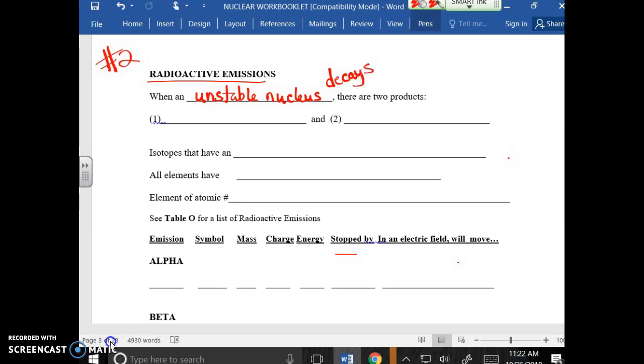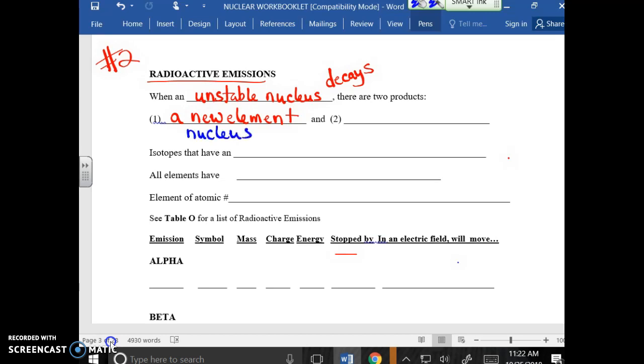So such a nucleus will decay, and we have to say what it means practically for a nucleus to decay. When it decays, there are two products. Well, one thing that was quickly apparent to the early researchers was that these nuclei decay into new elements. Specifically, when one nucleus decays, it's a new element's nucleus.